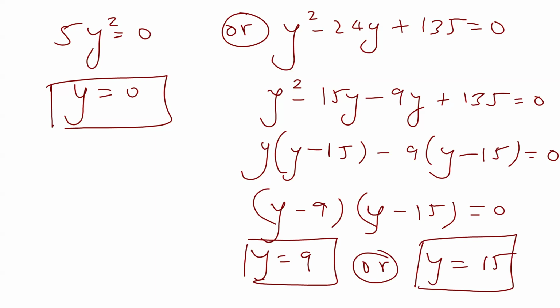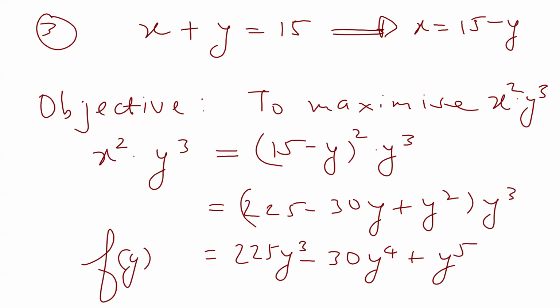Now guys, y cannot be equal to 0. If y equal to 0 and we put that over here, will this ever be maximum? Yes or no? No, because the product will be 0.